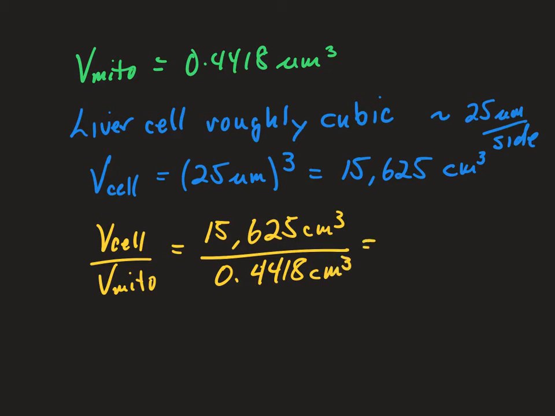And so we get a relative volume of about 35,368, when you do the math. So a cell has about 35,000 times as much volume as a mitochondrion. A cell is, volume-wise, about 35,000 times as big as a mitochondrion.